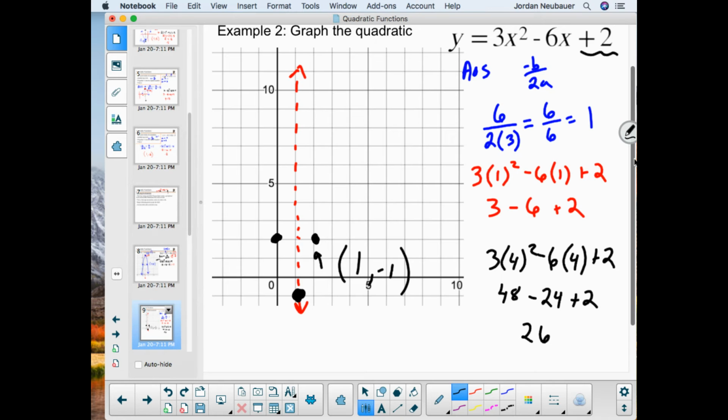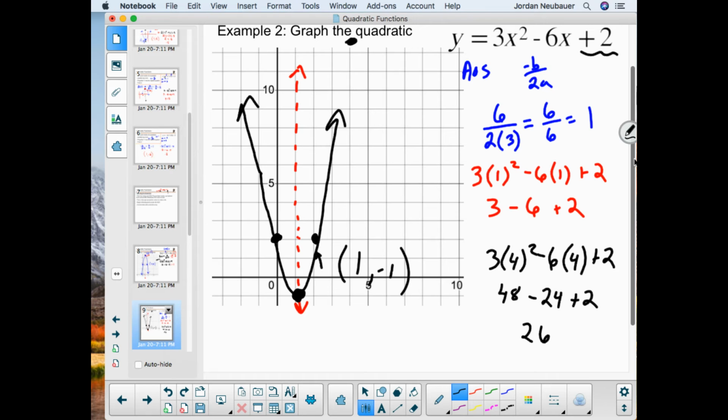So if x is 4, 1, 2, 3, and then 4, we go 26 units up. It's going to be way, way up here. All right. I feel like I messed that up somehow. Hopefully you guys get the trend, because I don't really want to start my video over again. I messed something up with the 3. This is what the quadratic is going to look like. I got to figure out what I did wrong there.